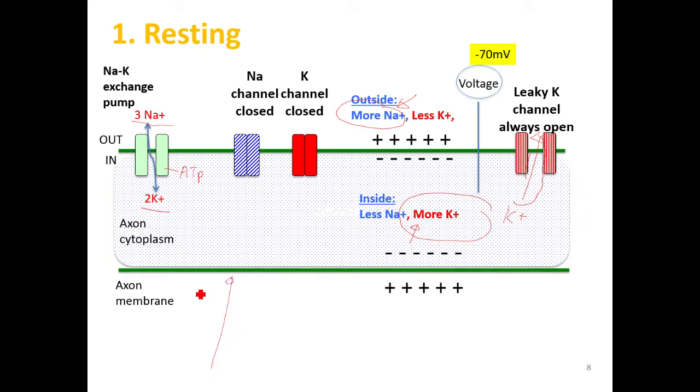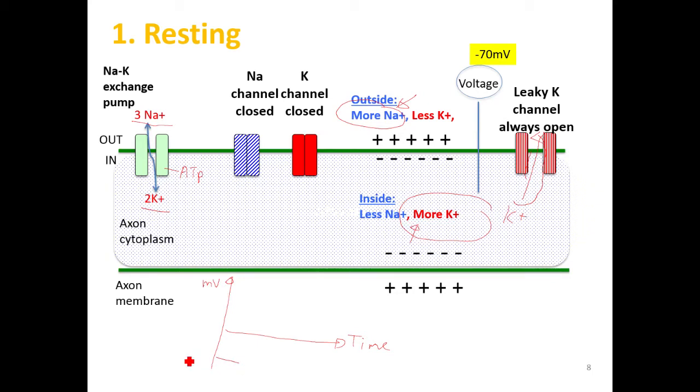So if we were to measure the membrane potential, this is how it would look. On the x-axis will be the time. On the y-axis will be membrane potential measured in units of millivolts.